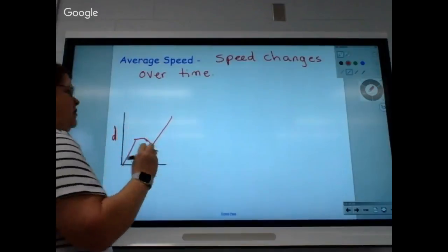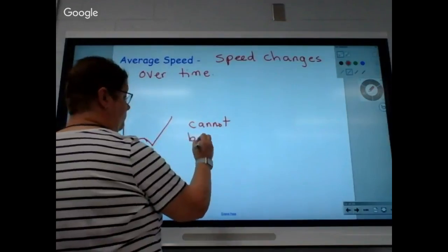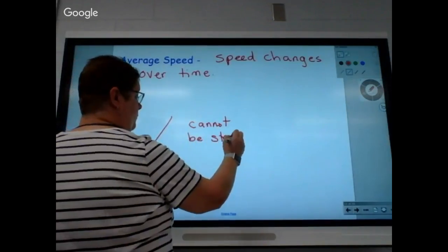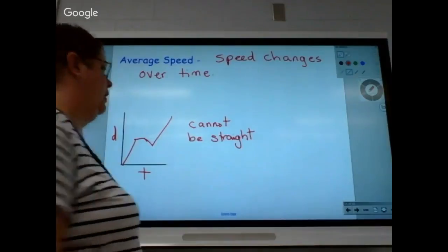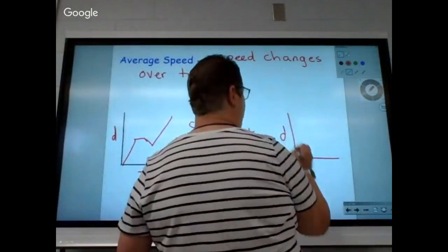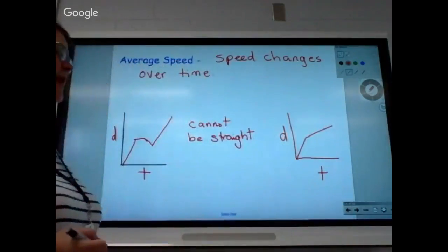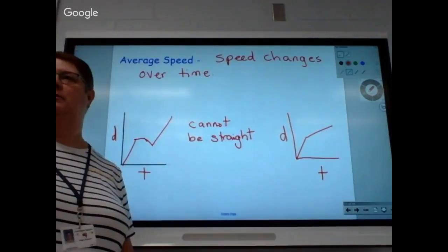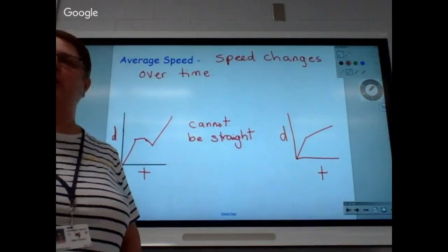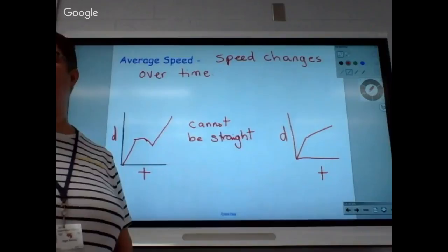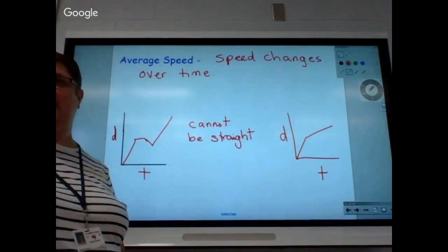The key to average speed is it cannot be straight. It can just have one bend in it. If it just has a simple bend up and over like that, that's average speed. Because it's not what? It's not straight. It doesn't have to be an up and down EKG looking machine. It just has to be not straight to be average speed. Does that make sense?